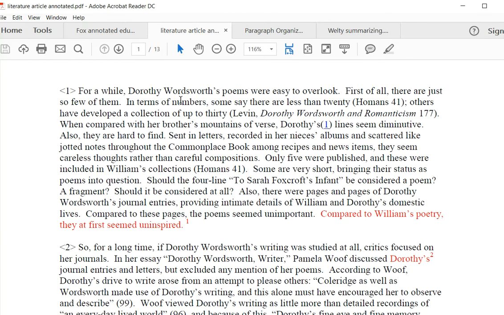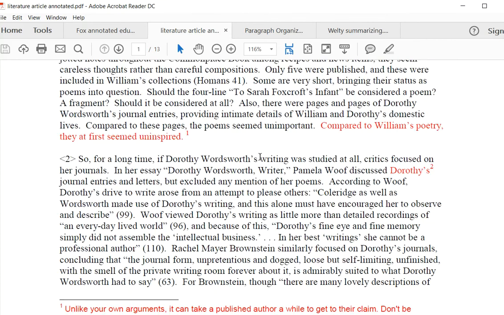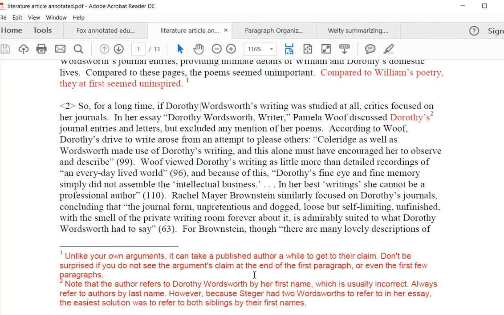In fact, it's going to be difficult to tell where the introduction ends because unlike articles in the social sciences, we don't have those headings like introduction, methodology, etc. All right? So you'll just need to kind of read along for a while, and probably 4 or 5 paragraphs down, you should start seeing it.